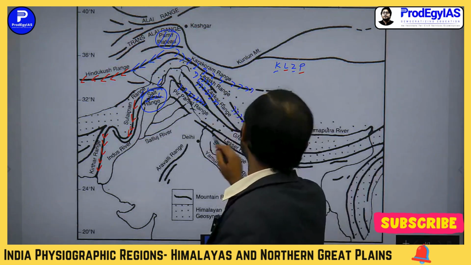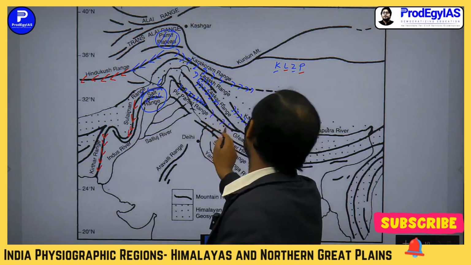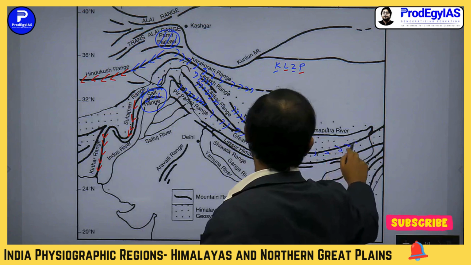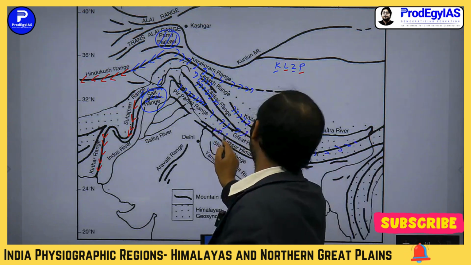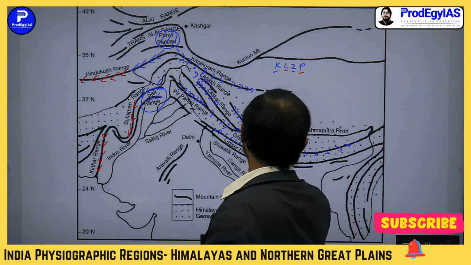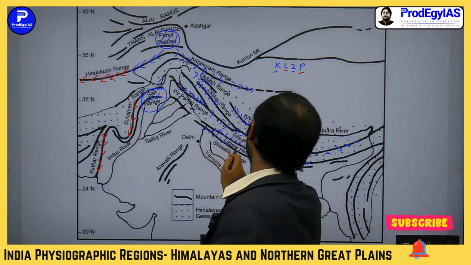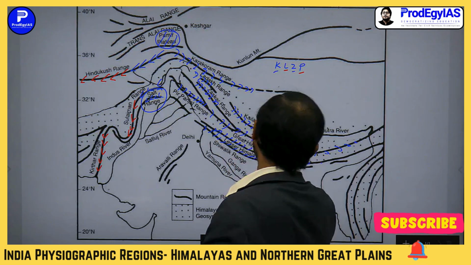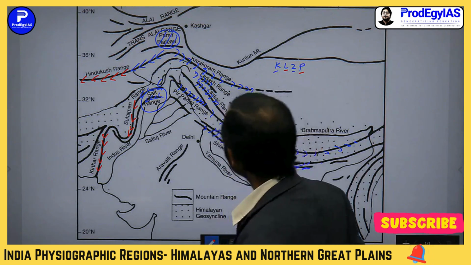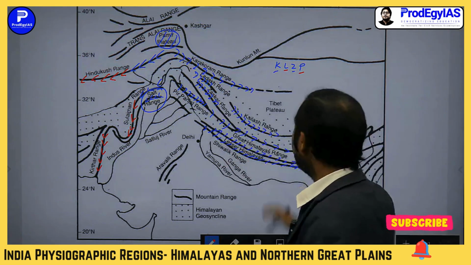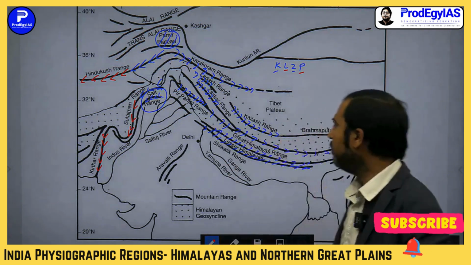Okay. Then this is all the extension of the Greater Himalayas. Then Middle Himalayas, south of it. Then south of it is Lesser Himalayas, Sivaliks. So Greater Himalayas, Middle or Lesser Himalayas, then the Sivalik Range. That is the arrangement of the Himalayan mountain ranges.